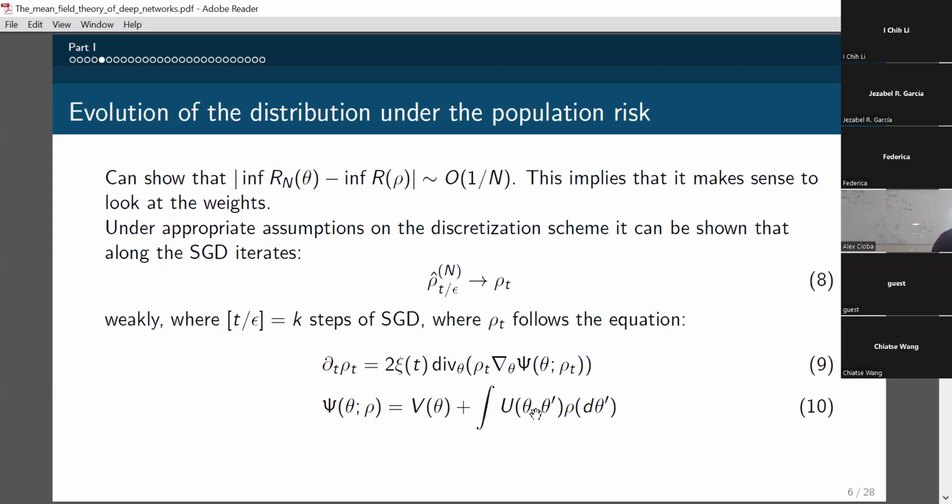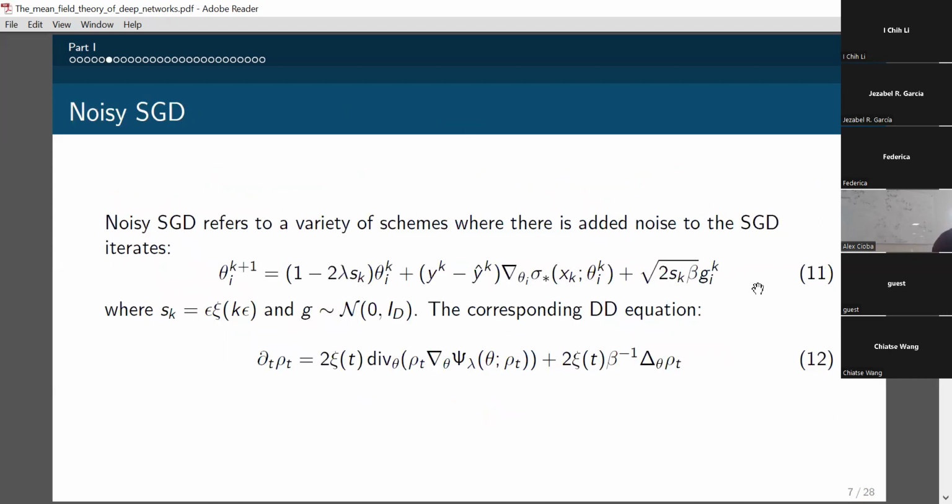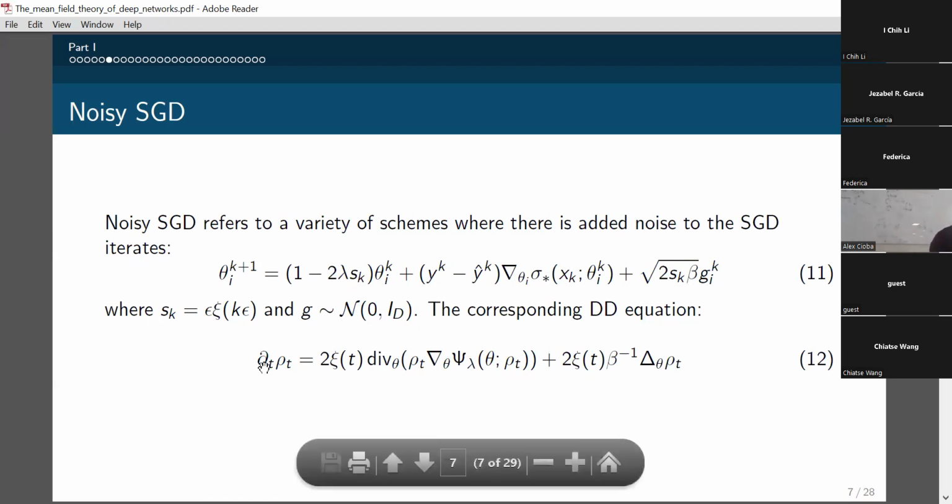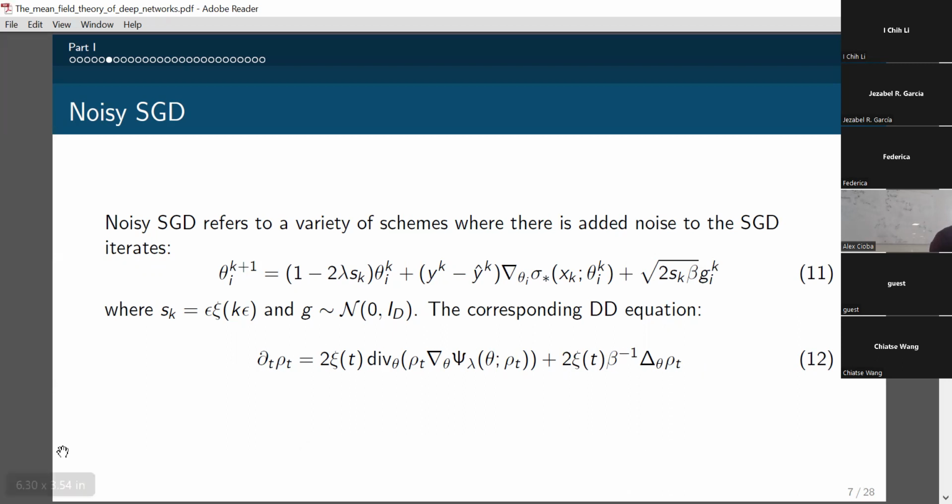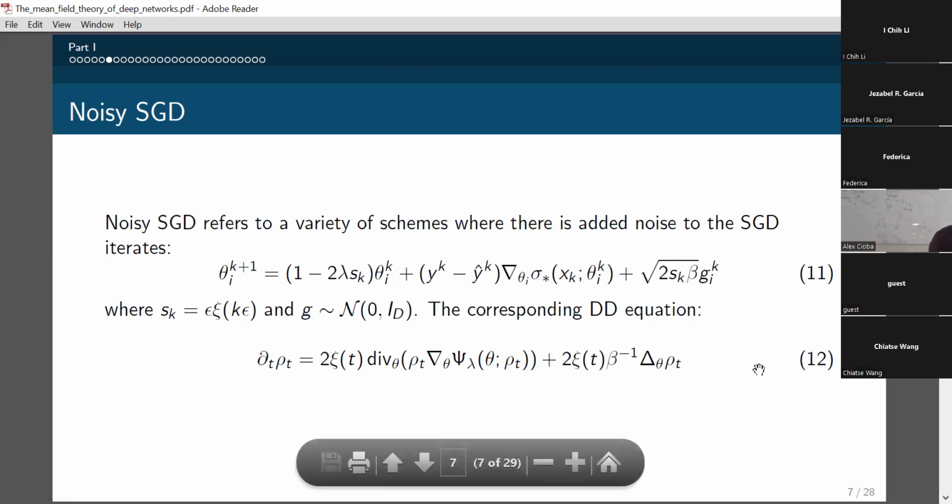The upshot being that for something like equation 12, which corresponds not to normal SGD but to noisy SGD, so SGD with this added Gaussian perturbation, and you notice there's a 2 lambda theta_k term in here, which comes from an L2 normalization. With this extra normalization and this extra regularization coming from the noise, you do recover this slightly more tractable distributional dynamics equation, which is similar to Fokker-Planck.